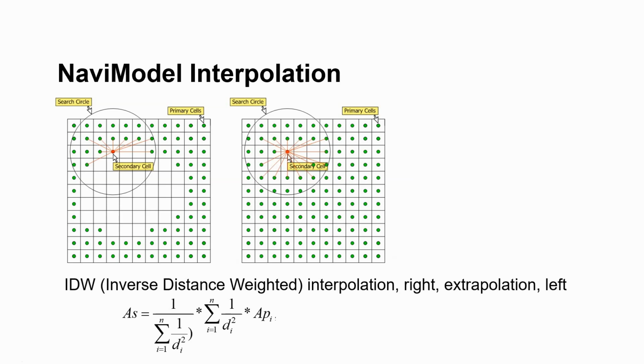We are talking about primary and secondary cells. Primary cells are cells with observations in them. Secondary cells are cells where the depth value or the attribute value is the result of an interpolation process.